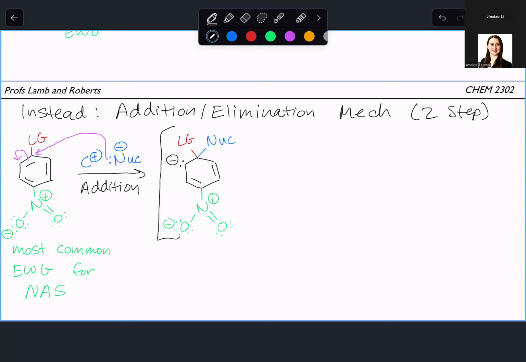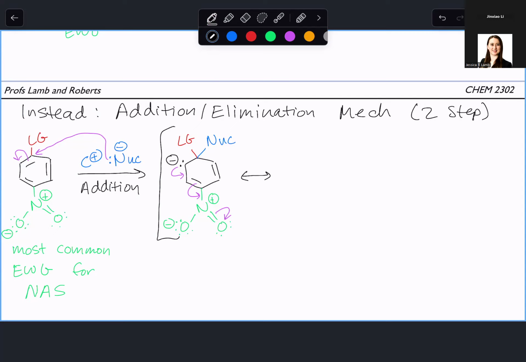So the reason that our electron withdrawing group is necessary is because it is able to stabilize that negative charge. So I'm not going to draw every single resonance structure, but I'm going to draw the most important one. So I'm going to move this lone pair to form a double bond on the left side, and then I'm going to shift this double bond over one, and we're going to push this electron density into the oxygen. So I would recommend drawing out every single step to make sure that you feel comfortable with those resonance structures.